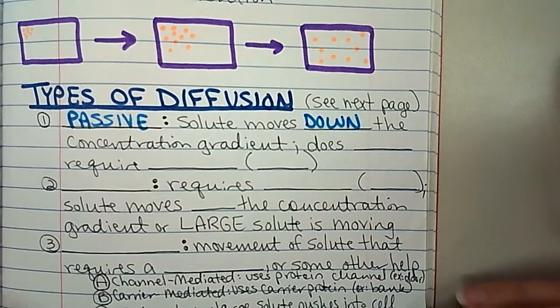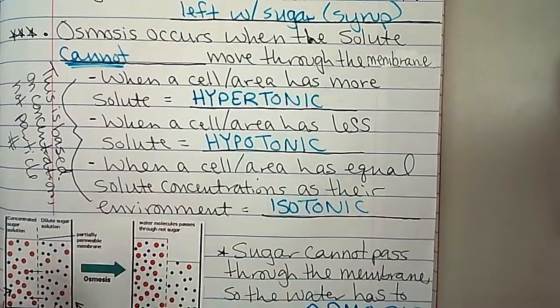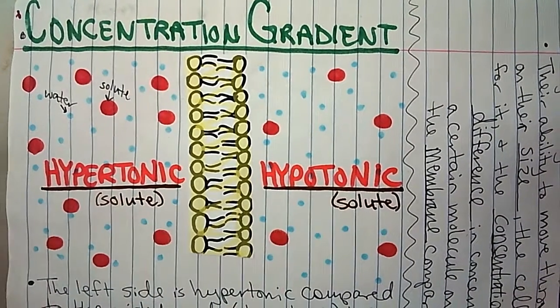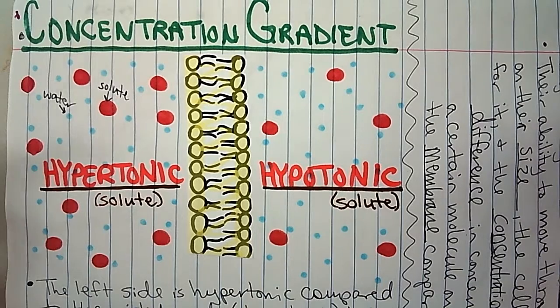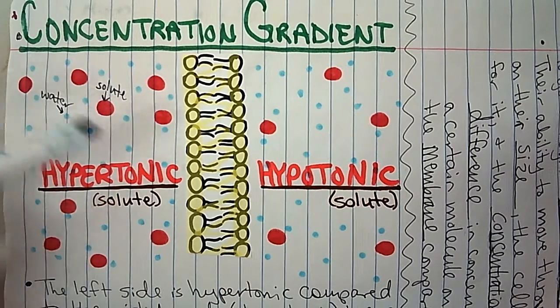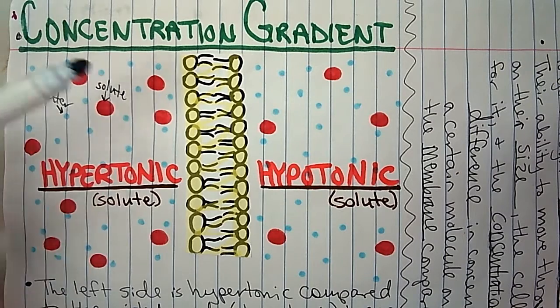Now, just to remind you how a concentration gradient works, think of it like a crowded elevator. This side over here would be a very full elevator, with lots of solute on this side.